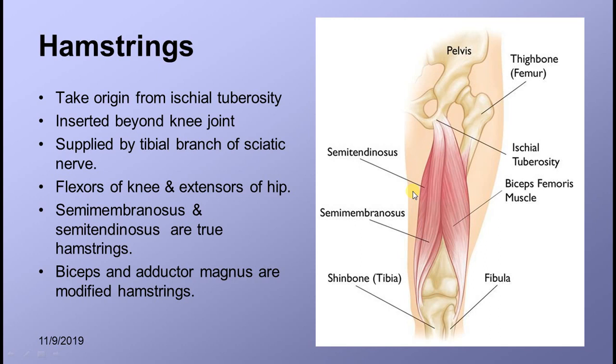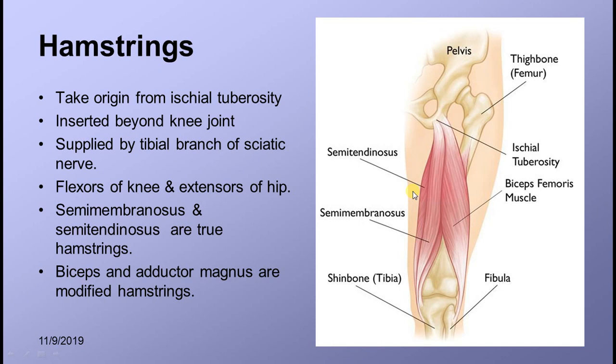Whereas your biceps and adductor magnus are modified hamstrings. Why? Because in biceps only the long head is from the ischial tuberosity; the short head is from the femur, the lateral lip of the linea aspera, and is supplied by the peroneal component of the sciatic nerve, not the tibial component.